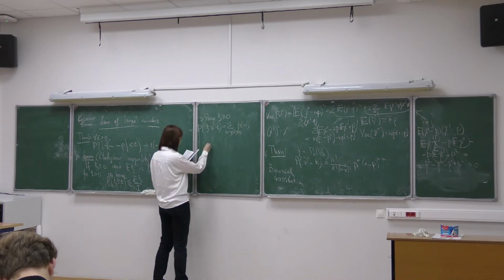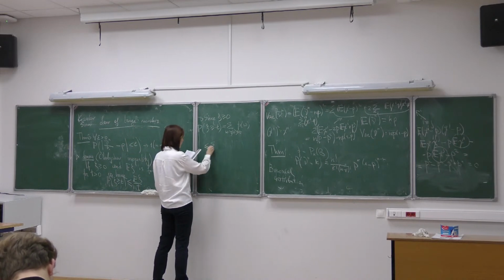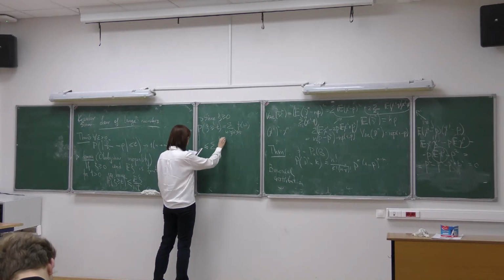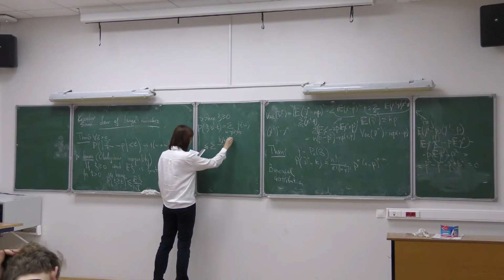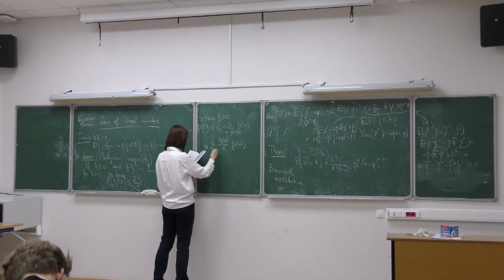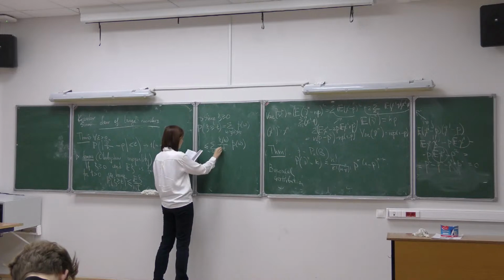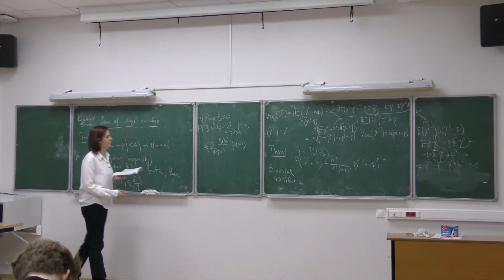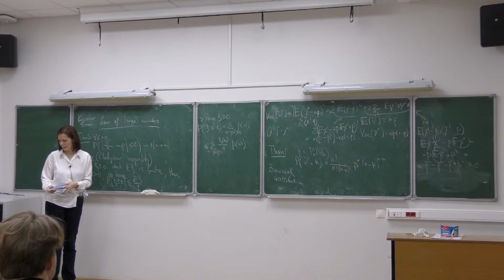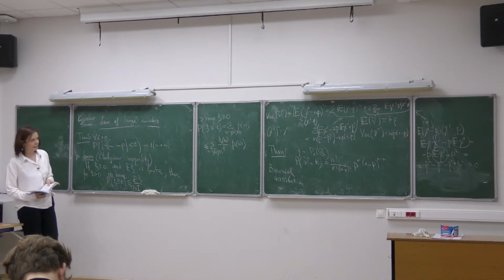But then we can say that this can be estimated as the same thing over t, probability of our event, and we still sum up over all the events such that our random variable takes values that are greater or equal than t.